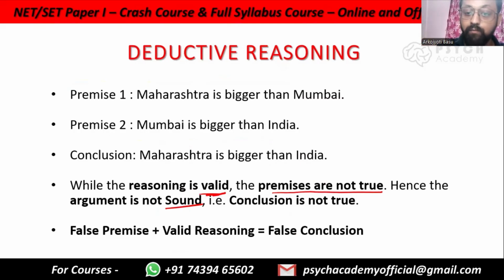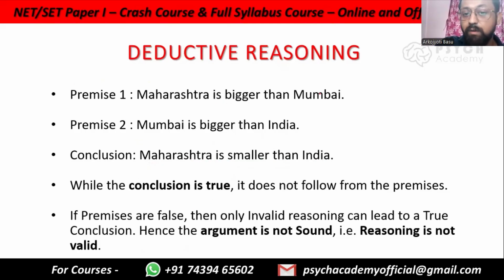So, without true premises, even valid reasoning will give you a false conclusion, a conclusion that is not true in the real world. So, false premise plus valid reasoning equals false conclusion, and it is not sound, it is not perfect.